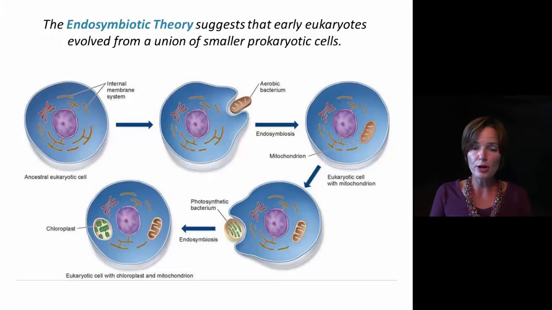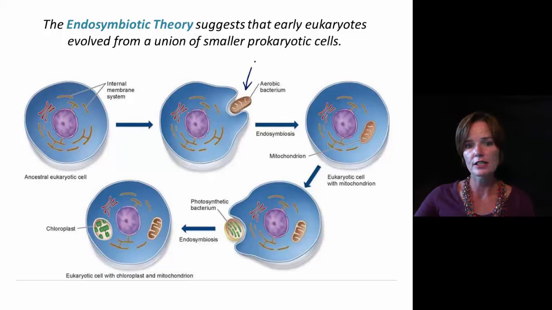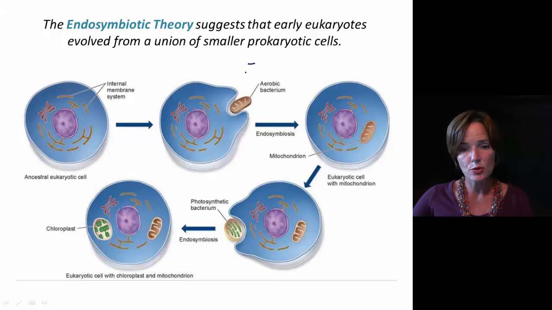So you had multiple prokaryotic cells that unionized, kind of compiled together to make this larger structure. If we look here, we've got this initial cell right here, and notice that in this case we've got an engulfing. That would be an endocytosis that we're seeing right here.